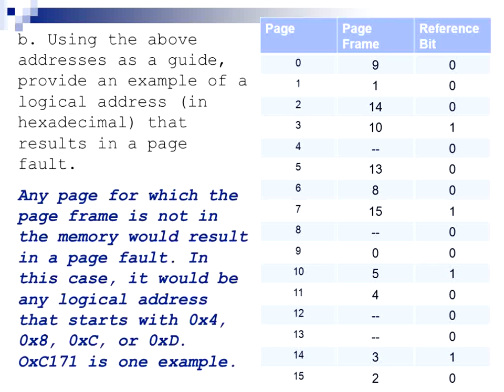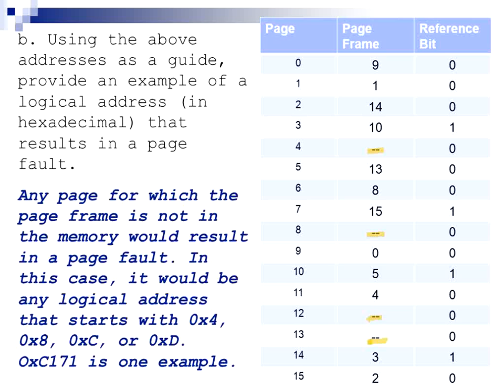So it says, using the above addresses as a guide, provide an example of a logical address in hexadecimal that results in a page fault. Okay, so a page fault would happen for any page for which the page frame is not in memory. In this case, it would be any logical address that starts with 4, 8, C, or D. Okay, so here we can see that the pages where there is no page frame, these are the pages that aren't in memory.